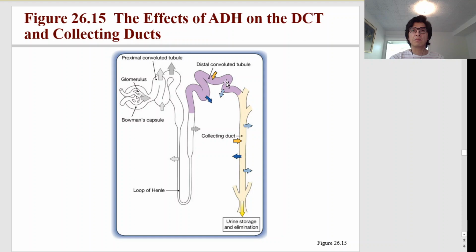Now, within the distal tubule and the collecting ducts, we can also have reabsorption of water, basically water being lost from the filtrate and then being reabsorbed into the circulation. This is done through ADH. What ADH does is it promotes the presence of aquaporins on the surface of this collecting duct, so this tubule, and it promotes the loss of water from the filtrate.